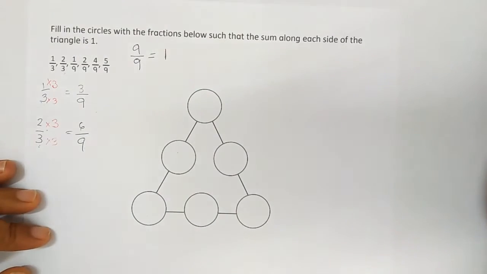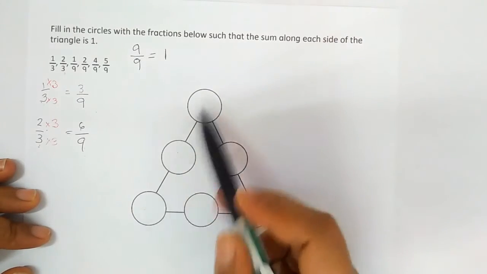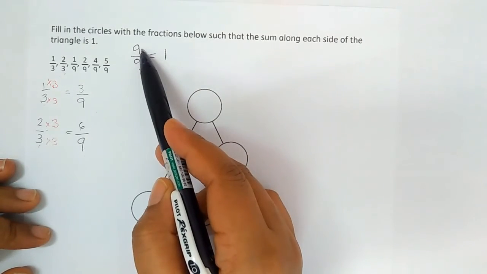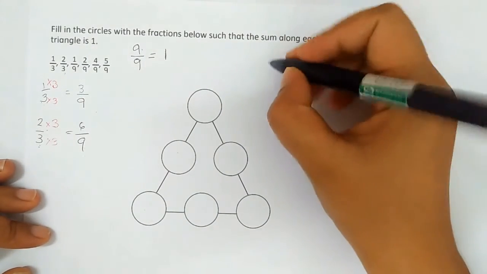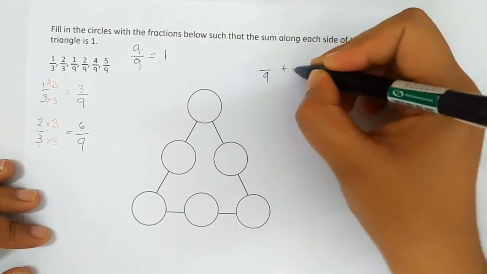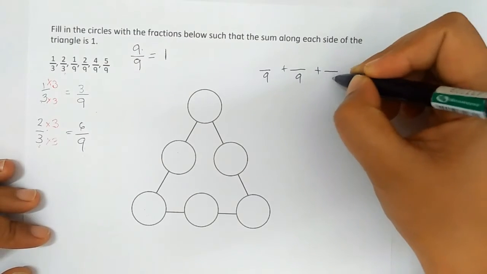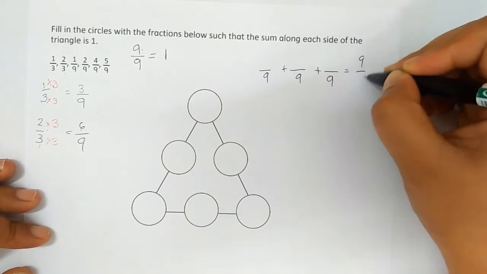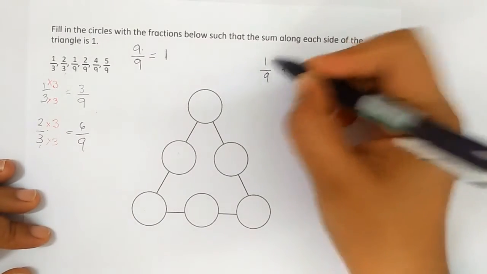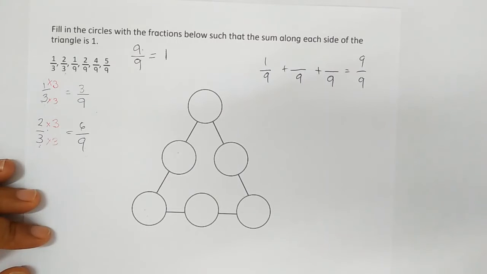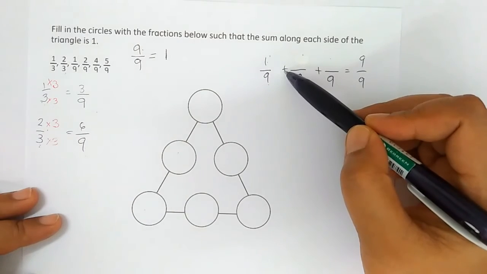Now let's start. How are we going to find 3 numbers so that the answer will be 9/9? Okay, let's try. So the denominators must be 9. The answer will be 9/9. Let's try 1 over 9 as the starting fraction. 1 over 9 plus 5.